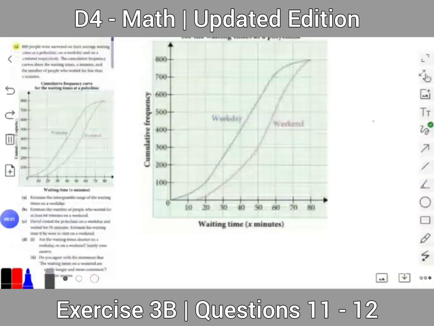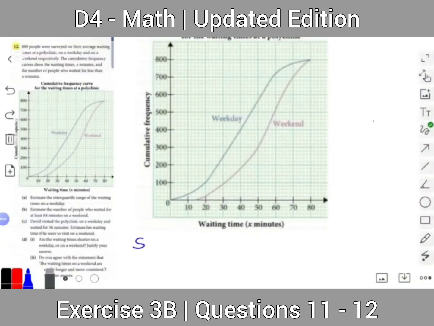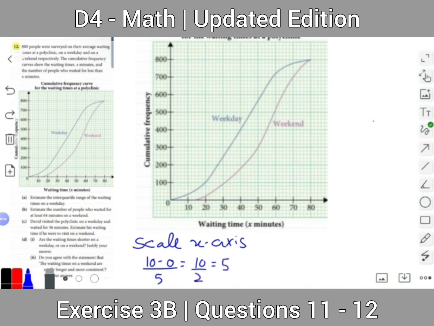First, we have to understand the scale along the x-axis and y-axis. For the scale along the x-axis, we have the value 10 minus 0 divided by the total number of squares between these 2 points, and that is 5. So 10 divided by 5 equals 2.